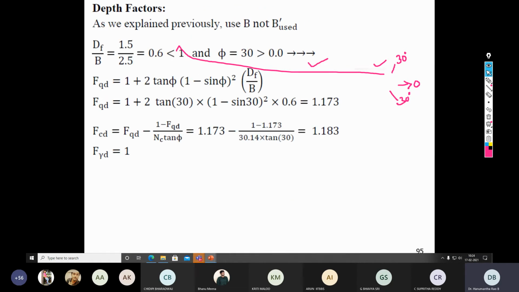Yeah, so these are the depth factors. So Df by B is 1.5 by 2.5. So in case of the depth factor calculation, use B, not B dash. Use B, not B dash.